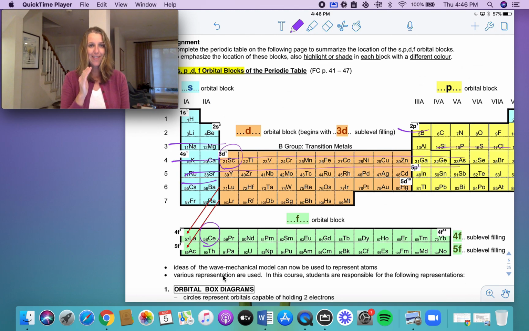So let's say I'm on that last little one where I filled up my 6s2. What gets filled next? Well, it comes down to here, and you should be at 6. It lags behind 2, so it starts filling up at 4f, and then I would count 1, and 2.